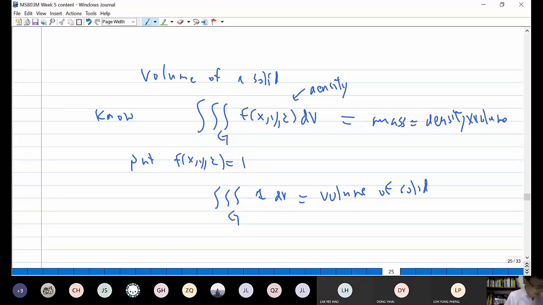This is mentioned on page 321. Okay, when f(x,y,z) equals 1, you get the volume of G.